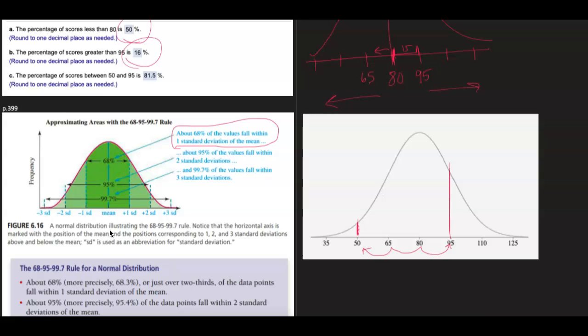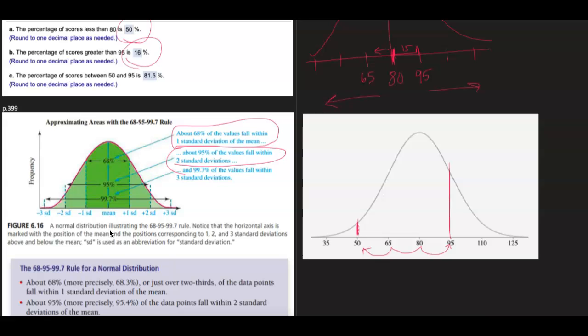So here I'm actually going to use both the one I had circled earlier, that 68%, and this value, that about 95% of the values fall within 2 standard deviations of the mean. So I'm going to need both of those facts, and again, just the fact that this entire figure is symmetric.